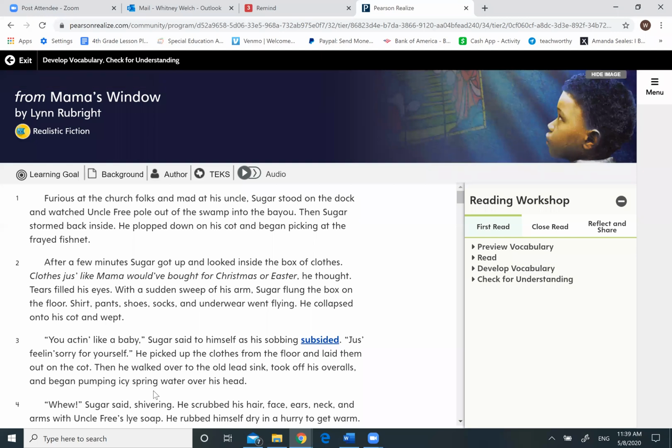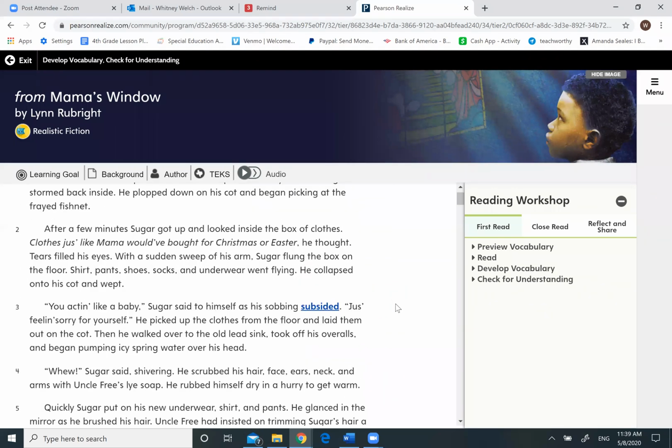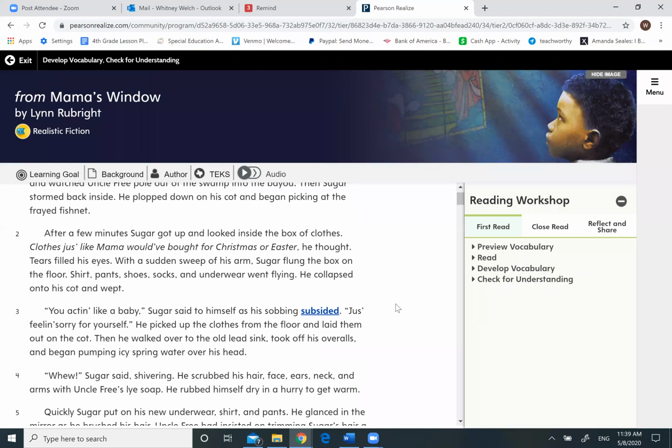Today in our realistic fiction, we are only going to be reading part of the story. After we have completed reading this part, I have questions for you to answer, and I'm going to show you where you're going to answer those questions. If at any time you want to answer while we're reading, or if you would like to read, I'm definitely going to be calling on people to read.